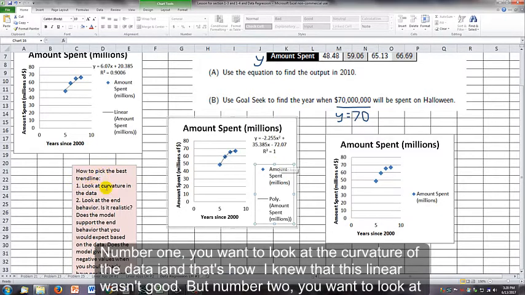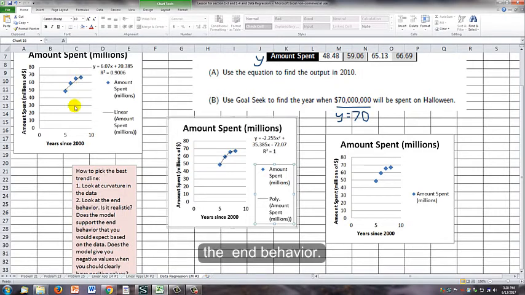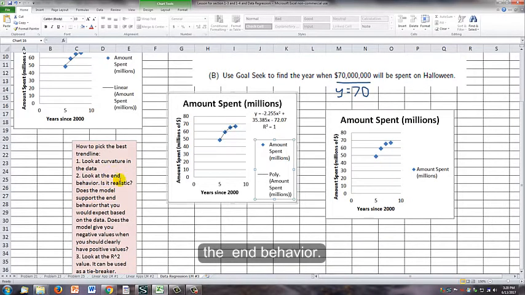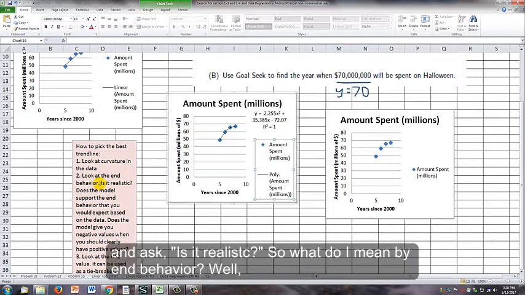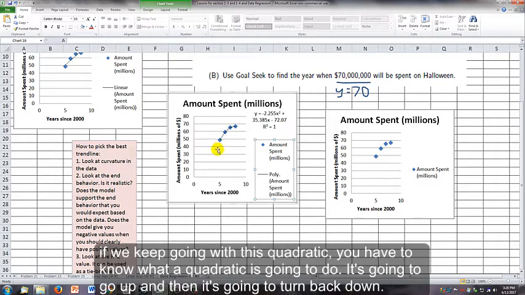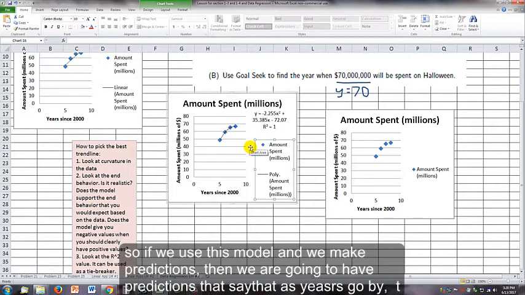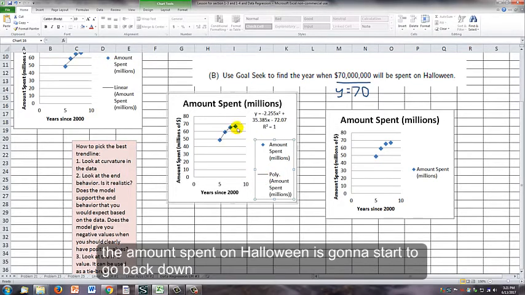Number 1, you want to look at the curvature of the data, and that's how I knew that this linear wasn't good. But number 2, you want to look at the end behavior and ask, is it realistic? So what do I mean by end behavior? Well, if we keep going with this quadratic, you have to know what a quadratic is going to do. It's going to go up and then it's going to turn back down. So if we use this model and we make predictions, then we are going to have predictions that say that as years go by, the amount spent on Halloween is going to start to go back down.